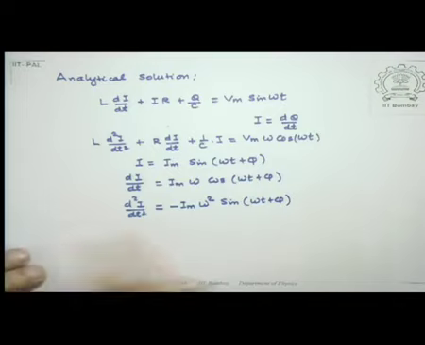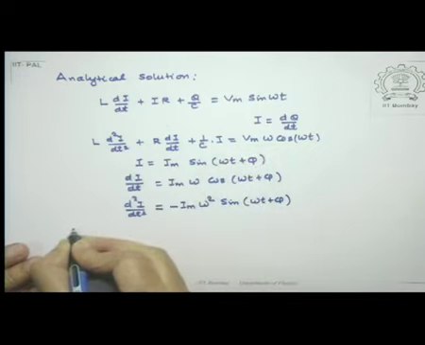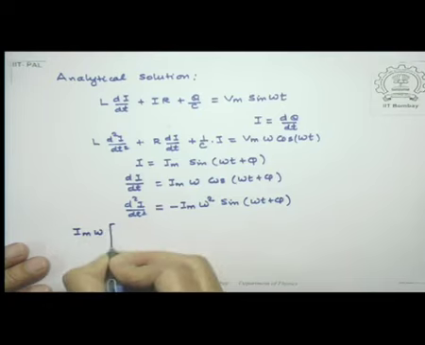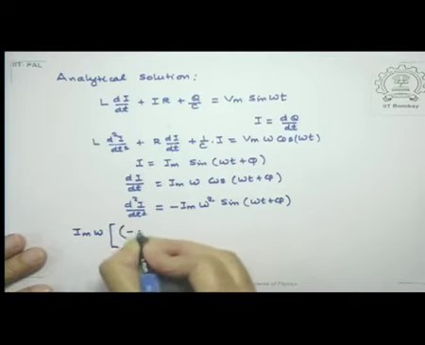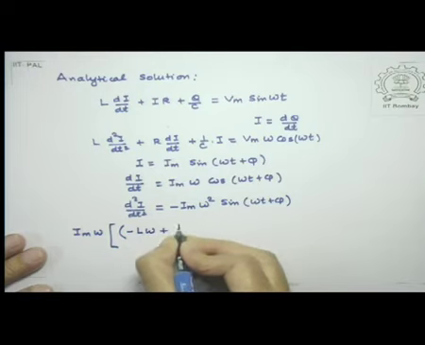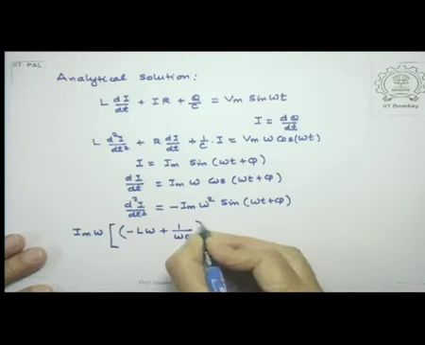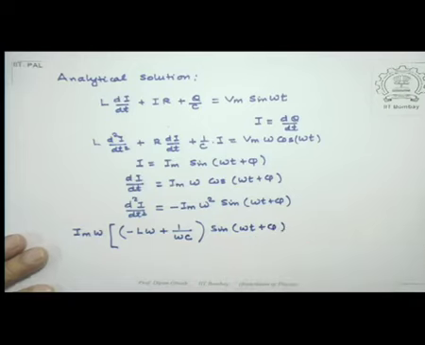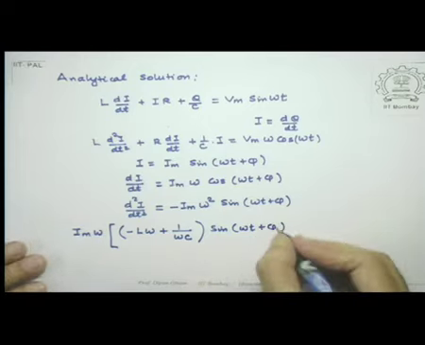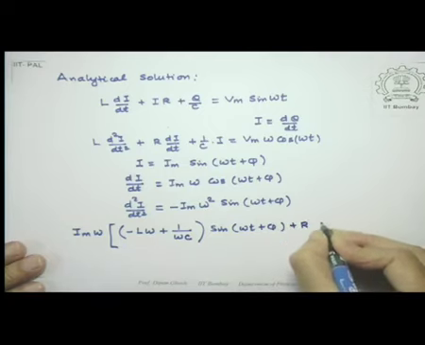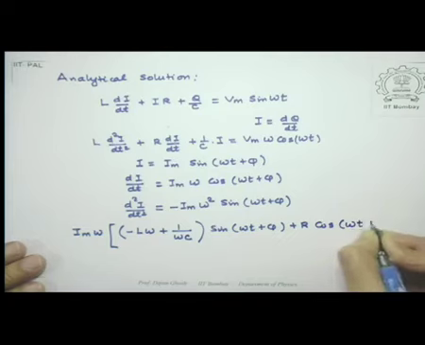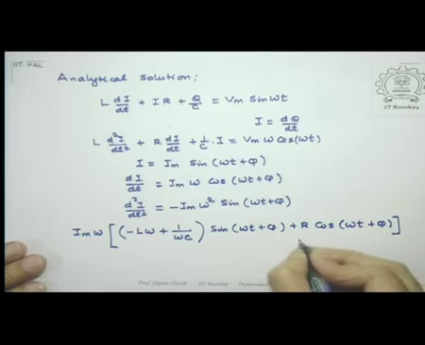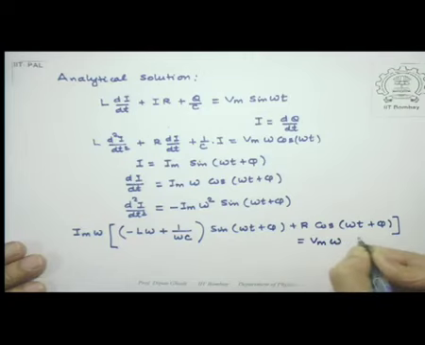And if you substitute these things into the equation that we have, I get Im omega times minus L omega plus 1 over omega c times sine of omega t plus phi, then plus R cosine of omega t plus phi, that's equal to Vm omega cosine of omega t.